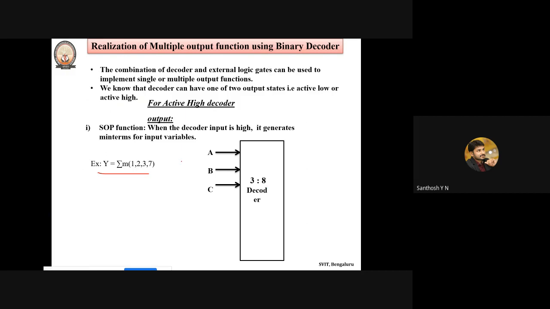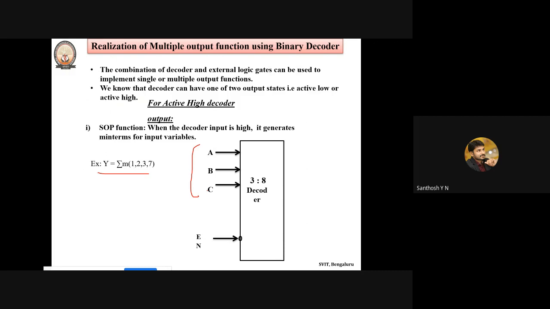Obviously there will be three inputs because the range is from 0 to 7. If you had min terms more than 7, then you would have gone for a 4:16 decoder. But since the min terms stop at 7, you have to consider only three inputs, that is A, B, C. We shall also consider an active low enable signal, which is represented as En.